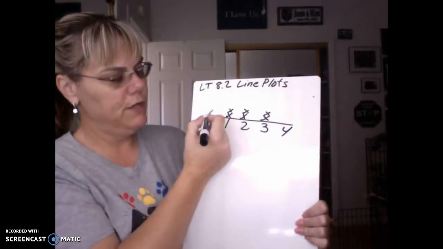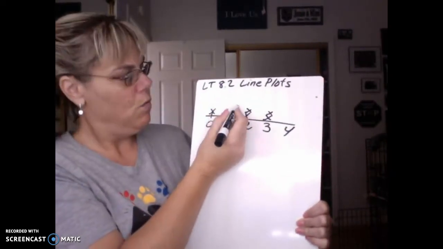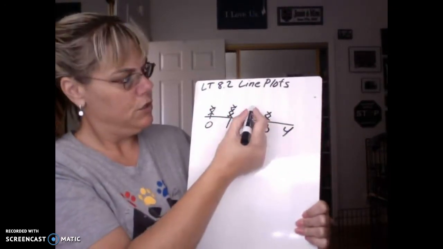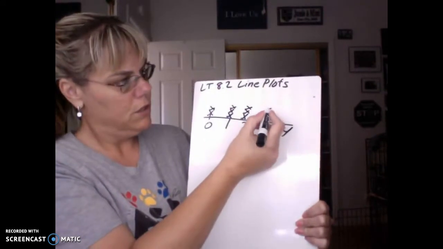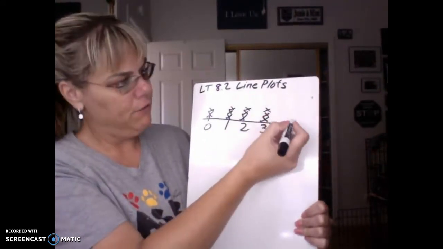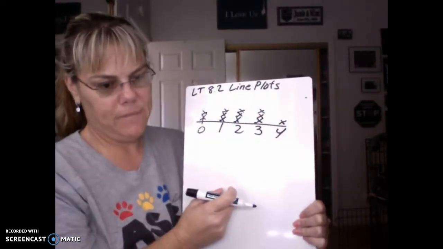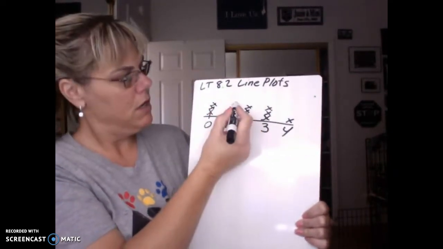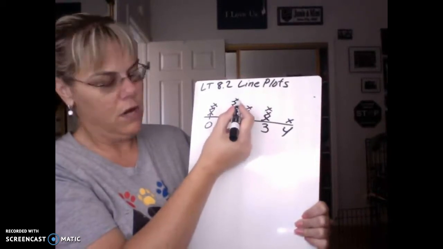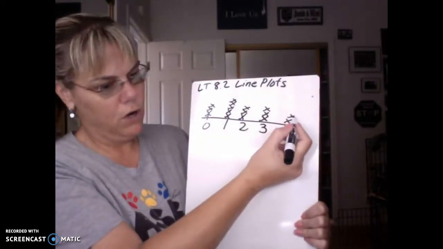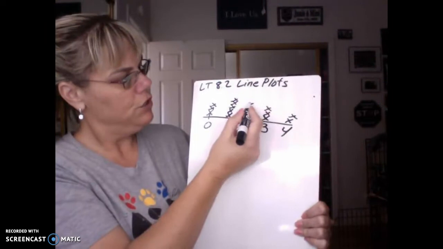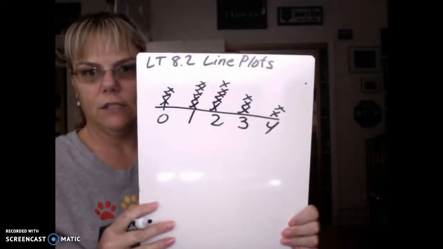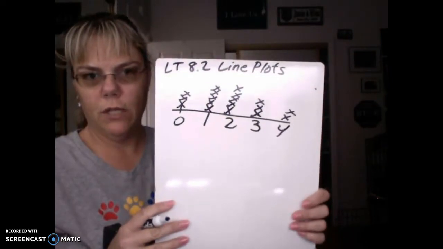My second row is 0, 1, 0, 2, 3, and a 4. Then I have a 0 for my next row, a 1, a 4, a 2, and a 2. So that's my first 3 rows.